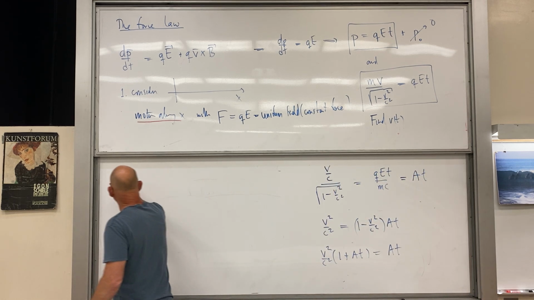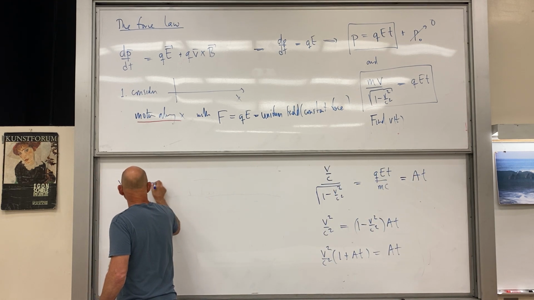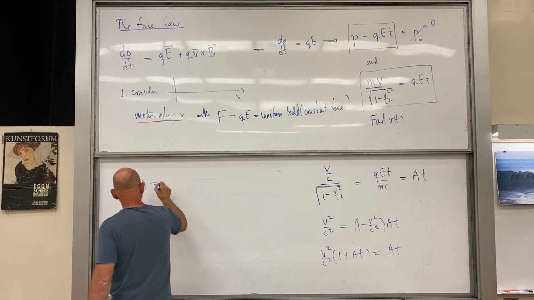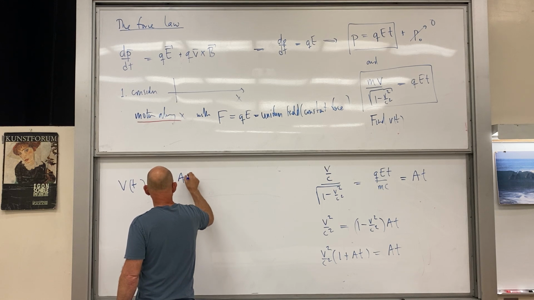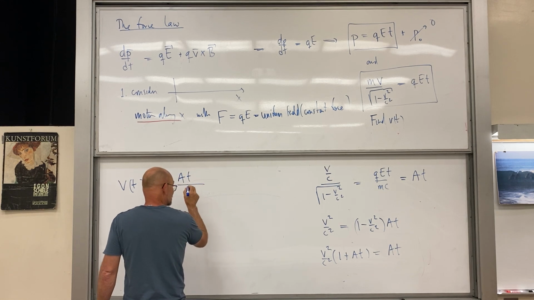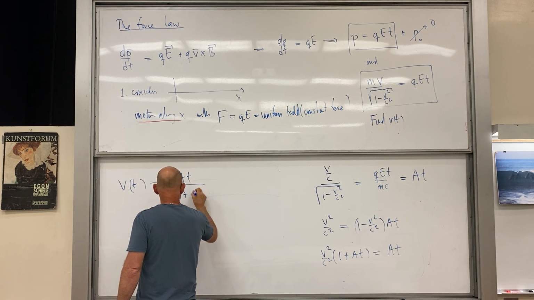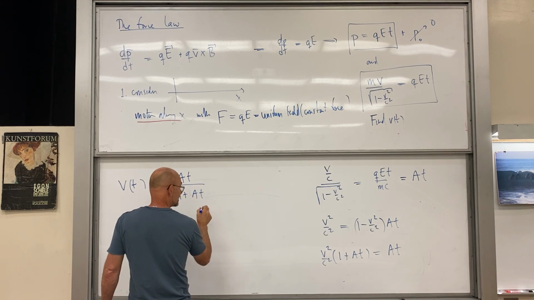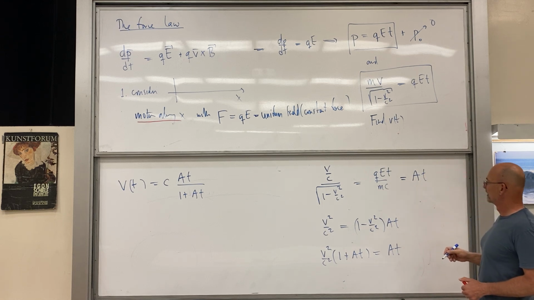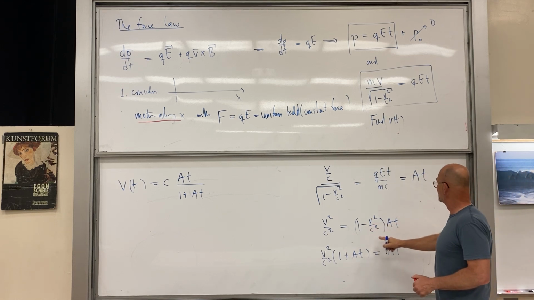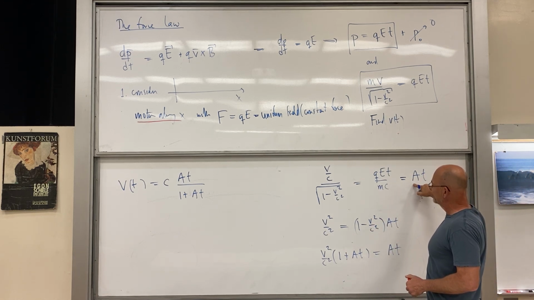So v of t, when the dust settles, we have c, and we'll actually just retain that letter a for the time being, a times t over the square root of 1 plus (a t) squared. Did I forget to square something? Yeah, squared, a t squared.